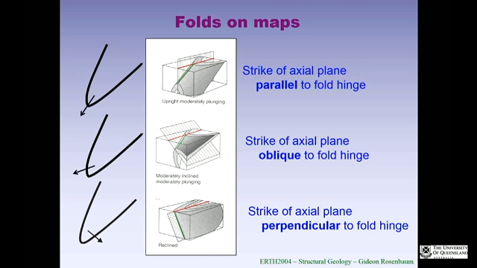And you see that here, in all these examples, the strike is exactly the same. Yeah, the strike is basically this red line. It is the line that you can connect on the map. You can find the strike of the axial plane just by taking all the closures, connecting all the fold hinges, and you find this red line.